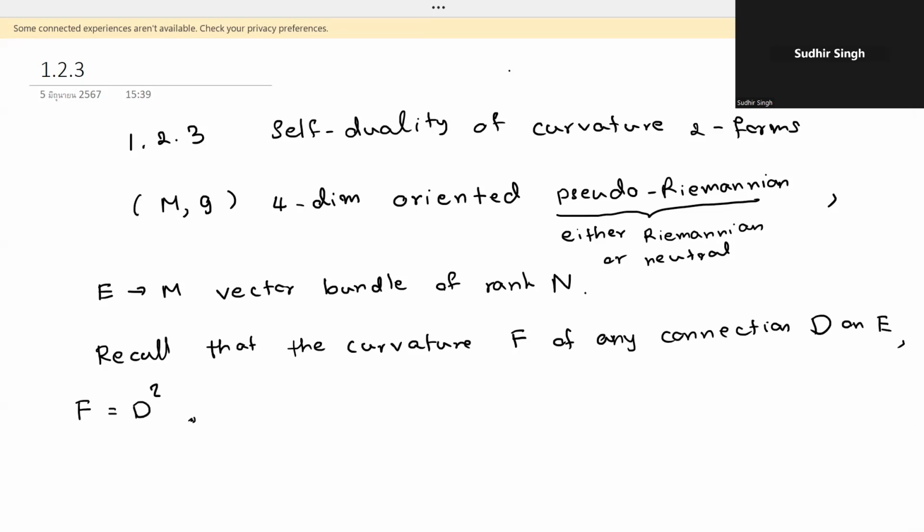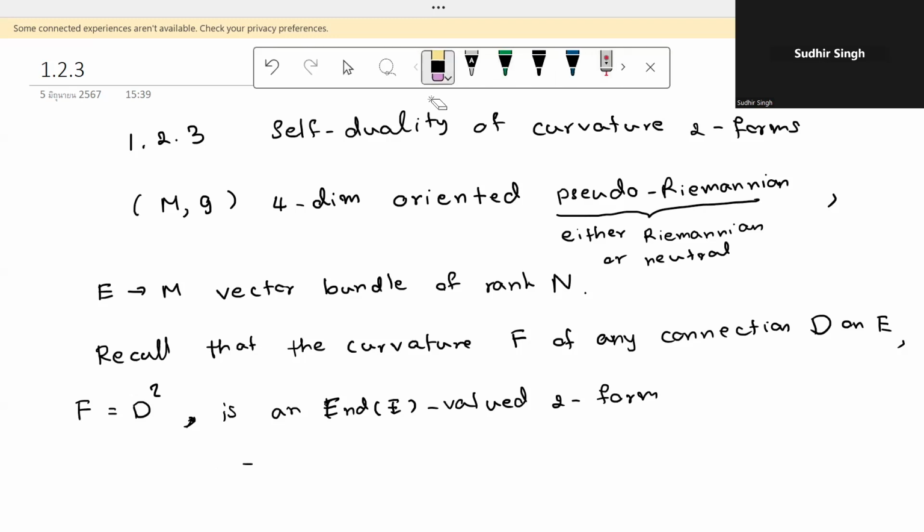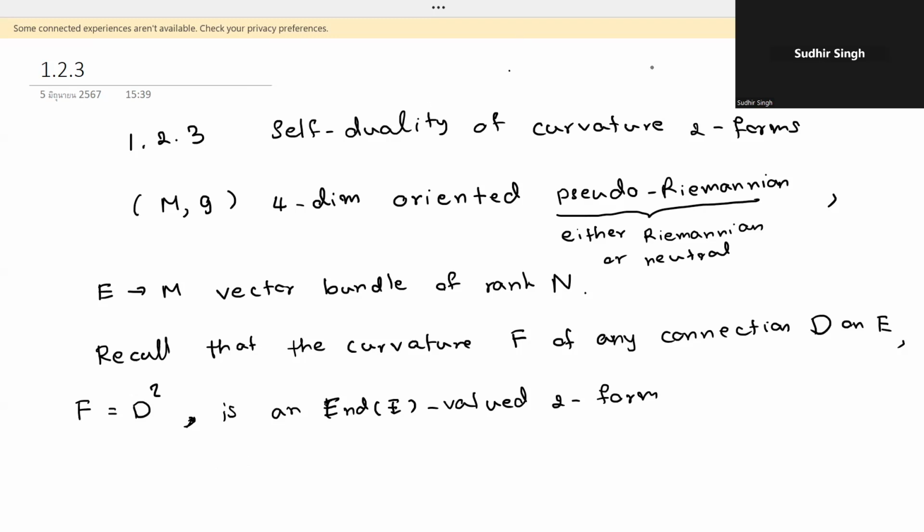So it is an End(E)-valued two form. So F is a section of this bundle. This is what we had before.